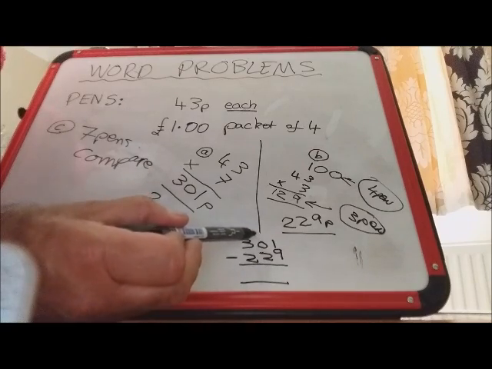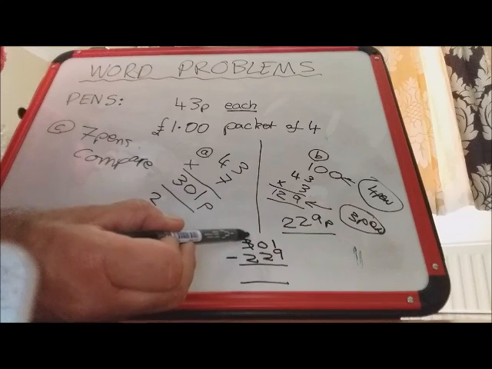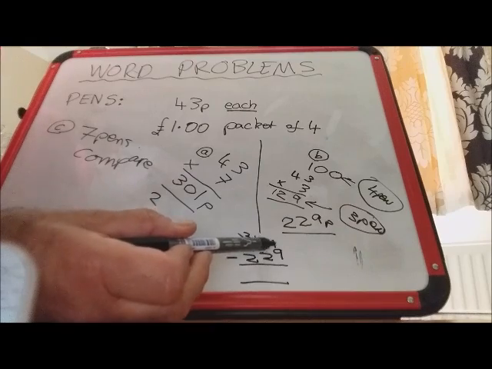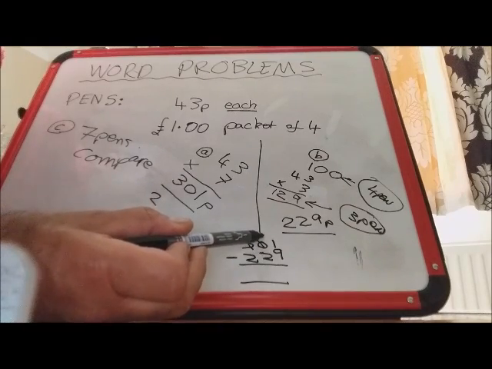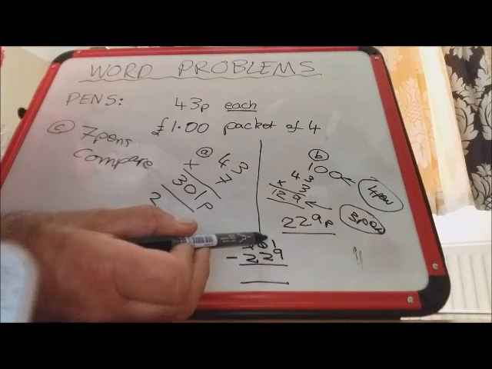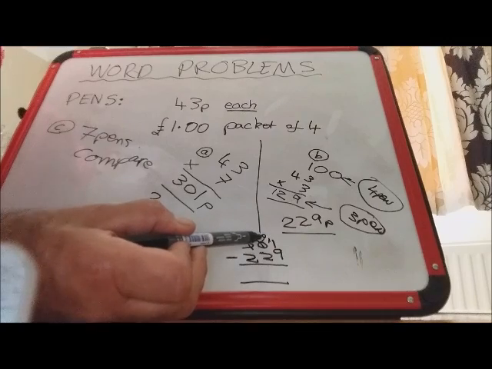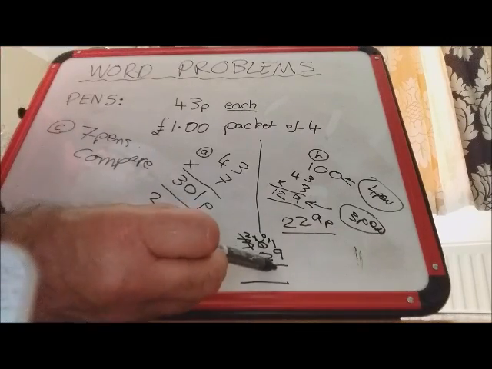So we go to the hundreds. 3 decomposes to a 2, and remember, one of these is worth 10 of those, so now we've got 10. Now we can borrow from the 10, so the 10 becomes 9, and we have a 1 there. Remember, one of those is worth 10 of those. So now we've got 11 take away 9 is 2.